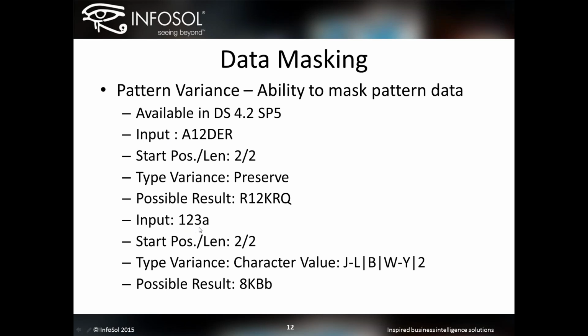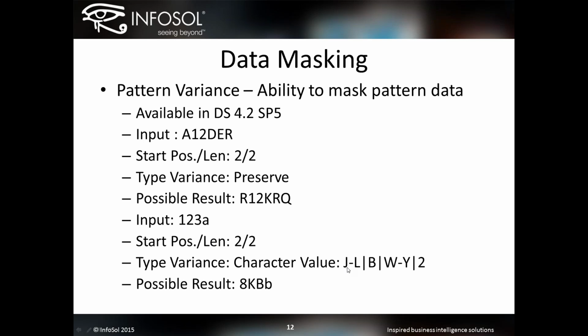Down here is another way, where we have incoming 1, 2, 3 in A, and then at position 2 for a length of 2, these middle 2 positions, we're going to use a different type of variance. We're going to call it a character value, where we can specify what can randomly go into these middle 2 positions.